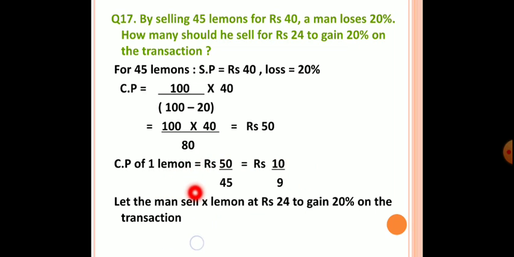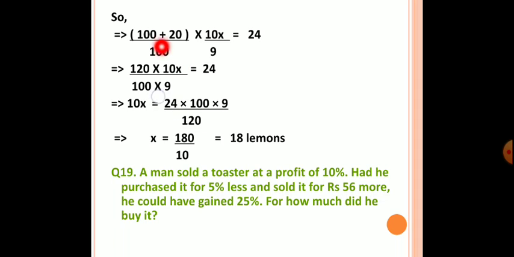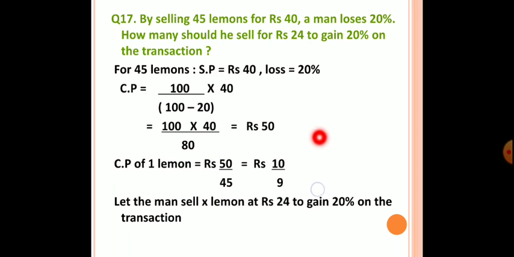Let us assume that the man sells X number of lemons at rupees 24 to gain 20% on the transaction. So we can write it as 100 plus 20 by 100 into 10x by 9 equals rupees 24. That is the gain percent into the cost price of 1 lemon.